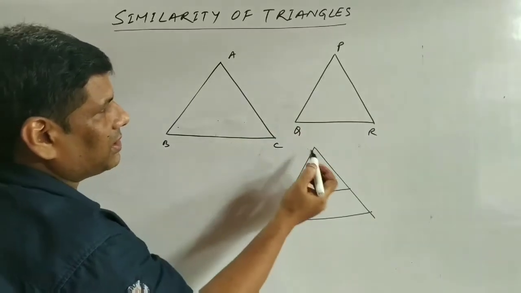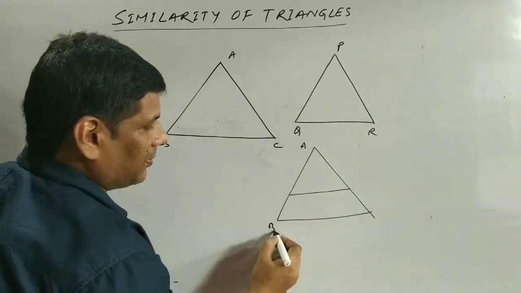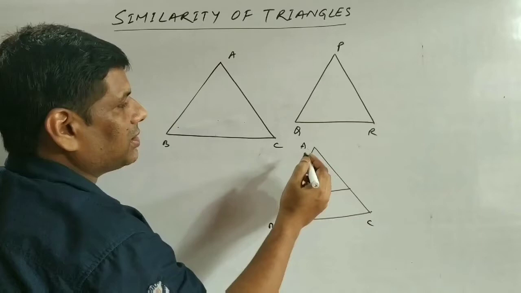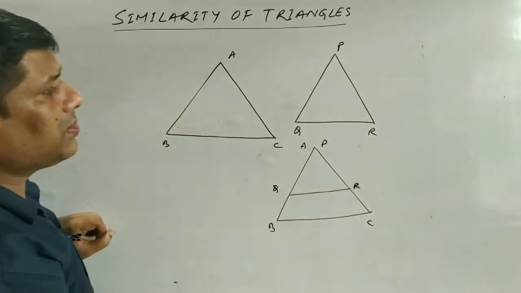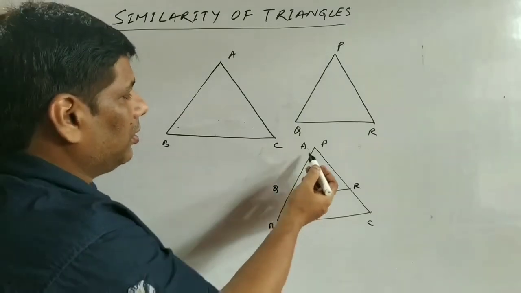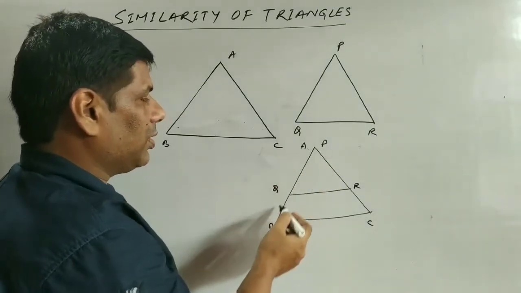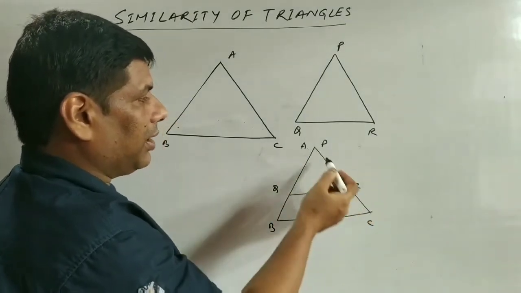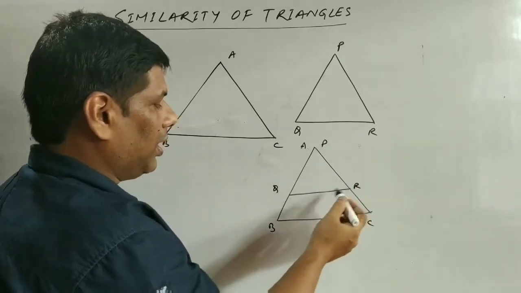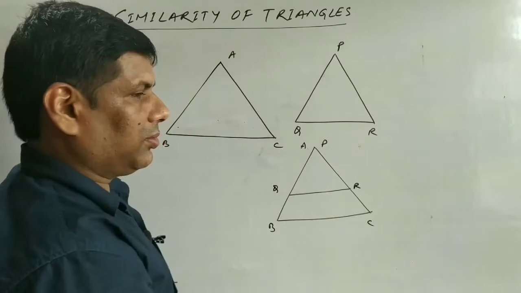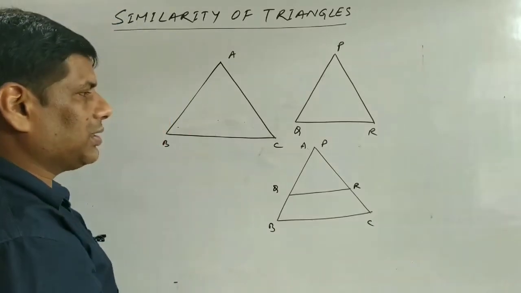That means if this is ABC, then this may be PQR. So AB and PQ will coincide, PR and AC will coincide, but QR may not coincide with BC. So this is the case of similarity.